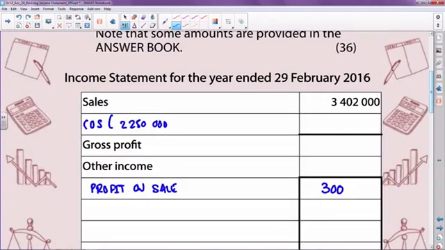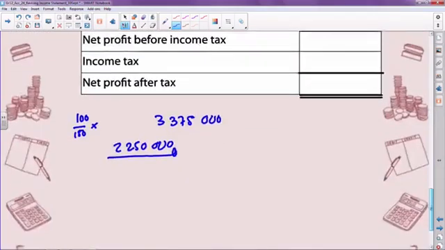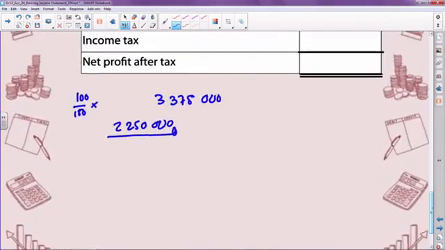Why? Because now I need to bring in those goods that were sold at a special price of 10% below cost. So what do I know? 27,000 is equal to 90%, because we are told it was sold at 10% below cost. 100 minus 10 is equal to 90. 100% will be equal to my unknown, cross multiply.